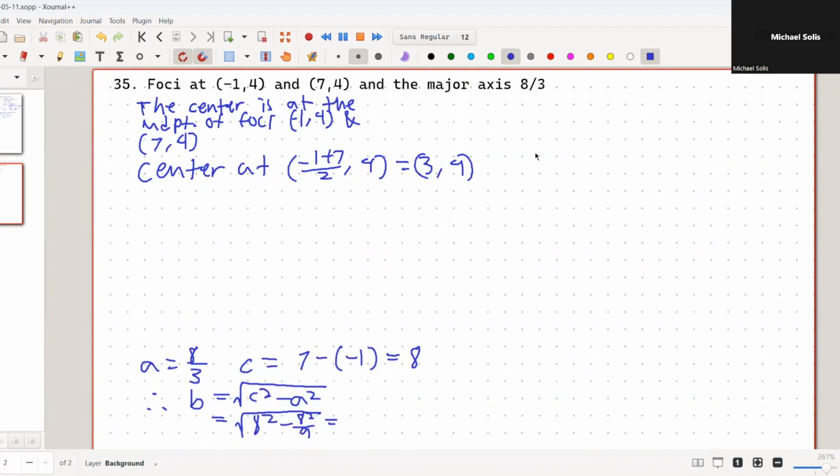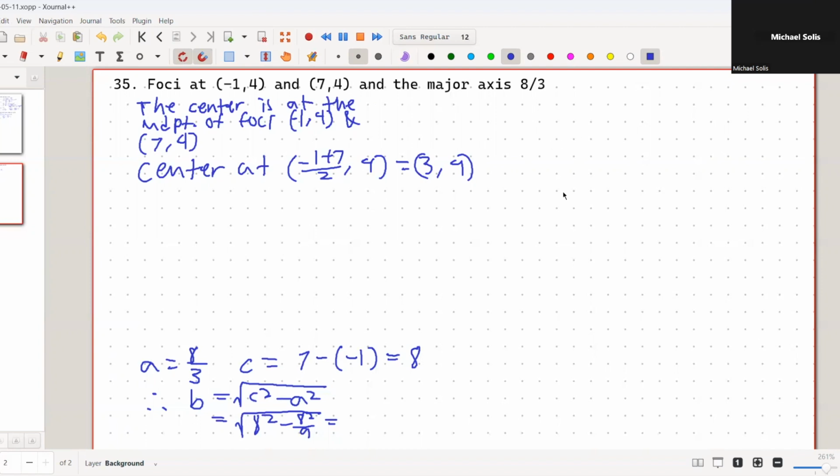So, kasi di ba, pinakita mo yung computation ng paano na-compute yung x-coordinate ng center. Hindi mo pinakita yung computation ng y-coordinate ng center. Dumiretso ka na sa 4. So, I think you should show that too. So, 4 plus 4 over 2.